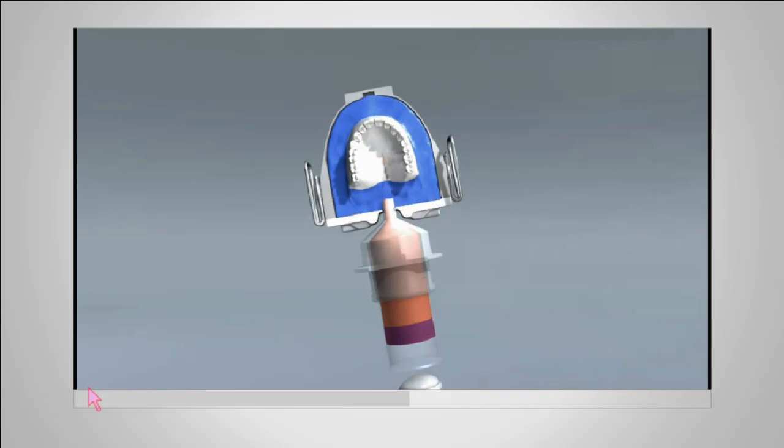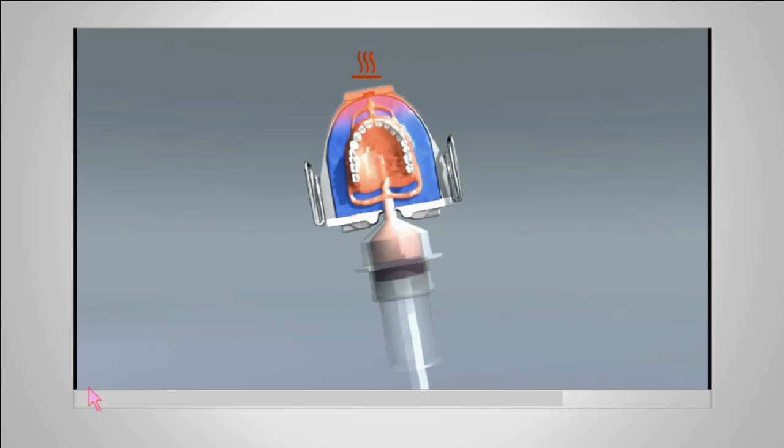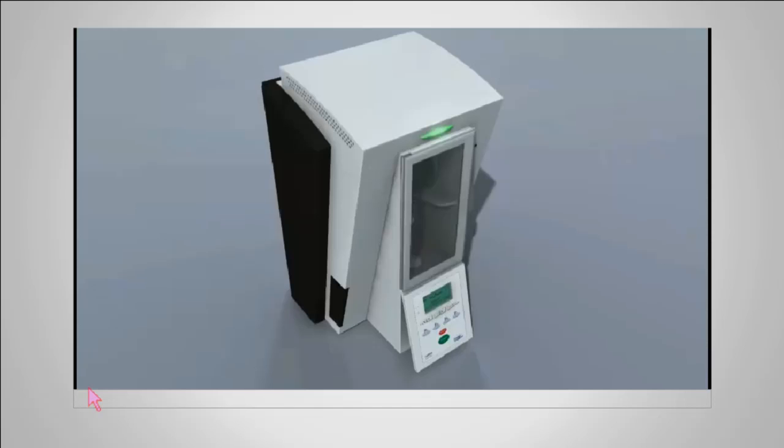As it's flasked in the machine, the warm acrylic is put into the denture base, and the denture base is heated as well. This allows us to compensate for polymerization shrinkage, and this means you get a better fitting denture.